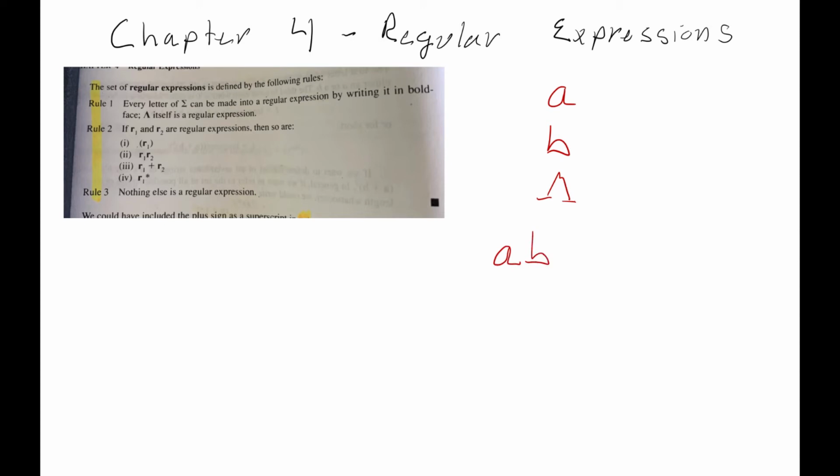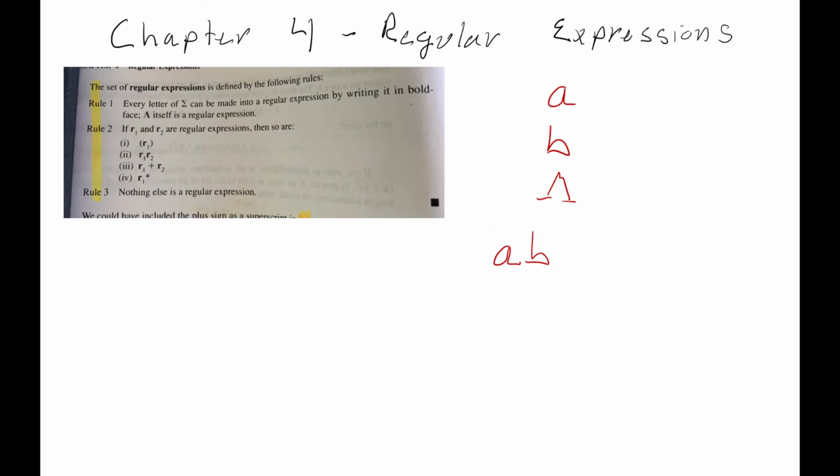So this regular expression says the word AB is in our language and nothing else. Not just A, not just B. It has to be the word AB. So it's not that I can choose this one, or this one, or this one. No, it has to be just the word AB, and that is the only word in the language.